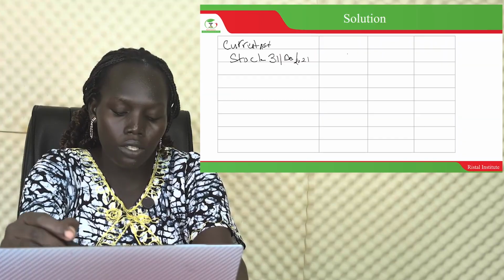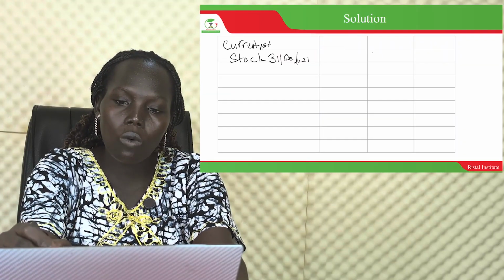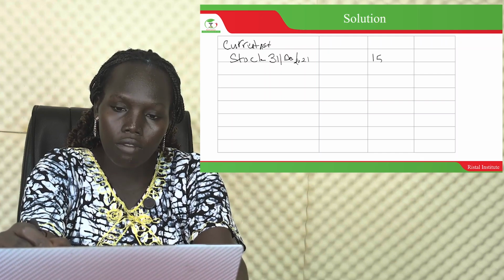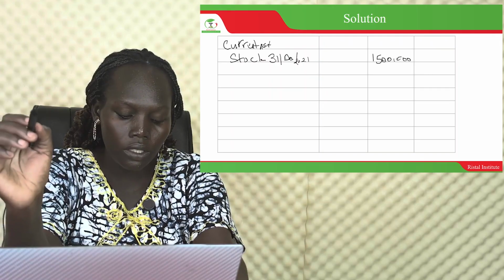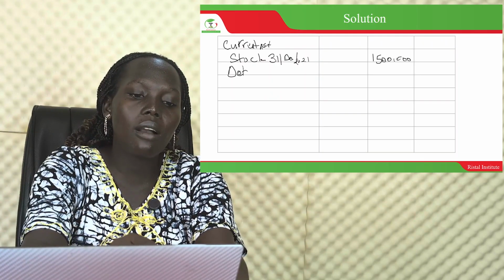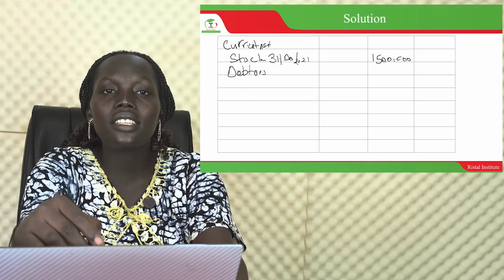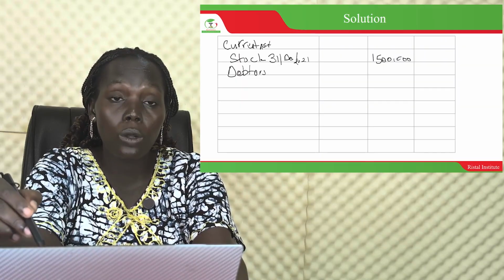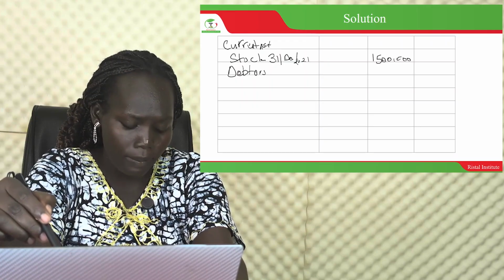And then the amount, they have given us the amount as 1,500,000. So we have debtors as our current asset. They have given us debtors, and then we also have what we call provision for bad debts.